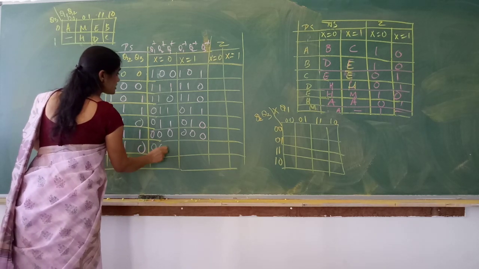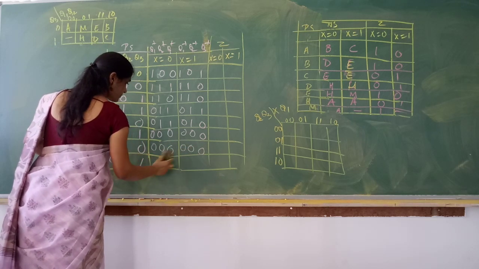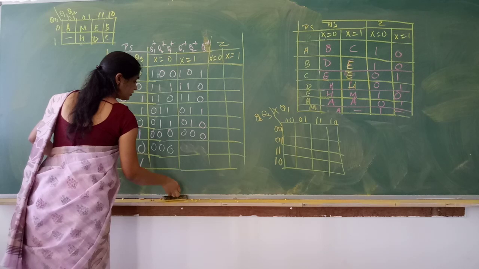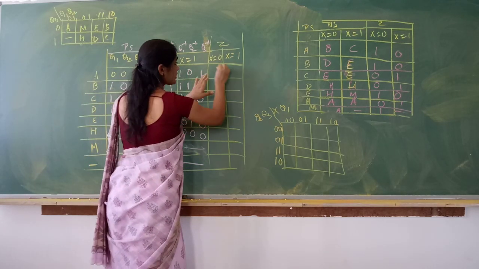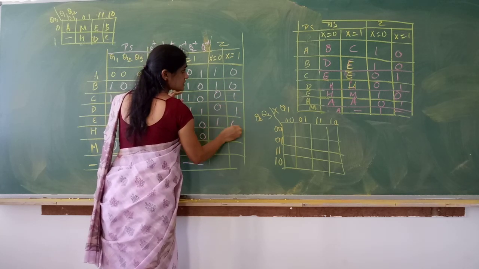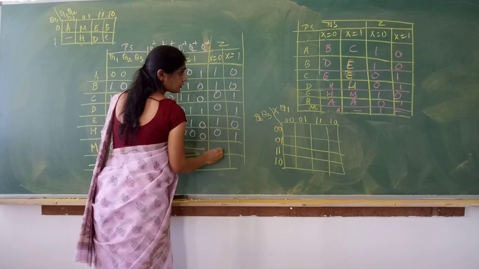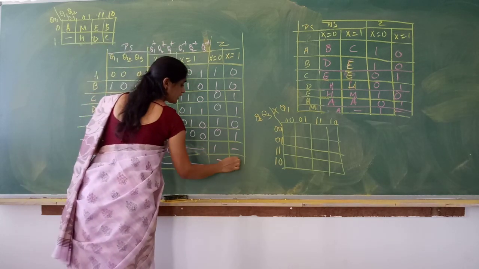A is 0, 0, 0. Sorry, this is don't care. And also write the output variable looking at that: 1, 0, 1, 0, 0, 1, 0, 1, 1, 0, 0, 1, 0, 1, and 1, don't care.